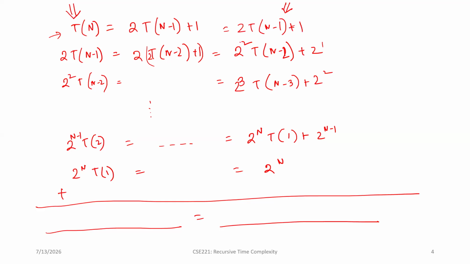But the thing to see here is, if we add all the terms on the left side and all the terms on the right side and put them together in a single line, there should be a huge number of deletions.